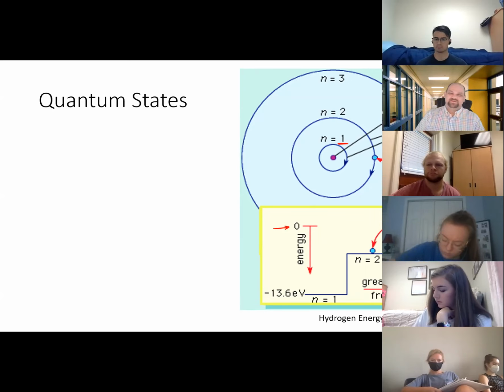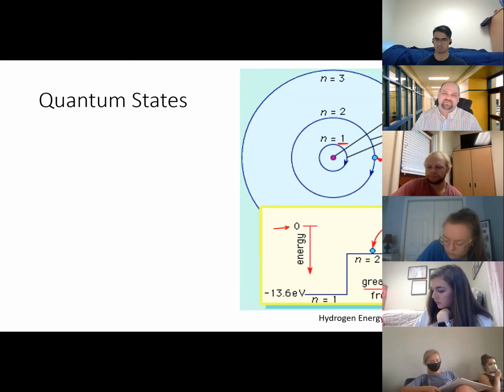And so the lowest energy level for the electron is going to be that energy level where it can be as close as possible to the positively charged nucleus. This negative 13.6 eV is for hydrogen.